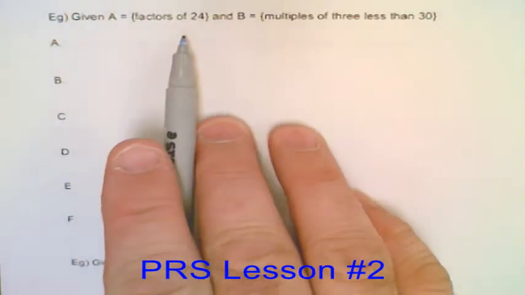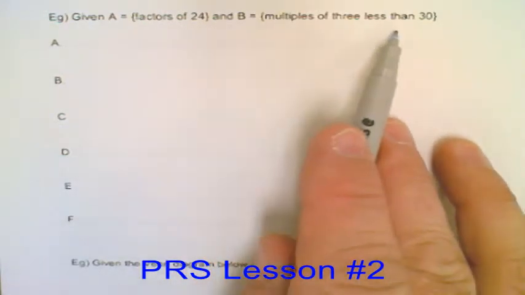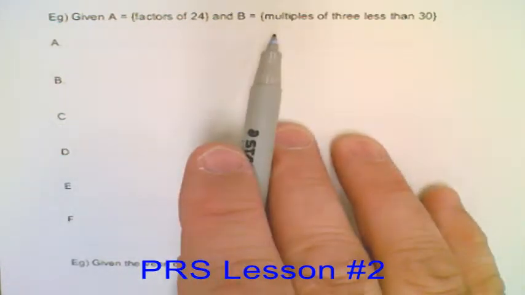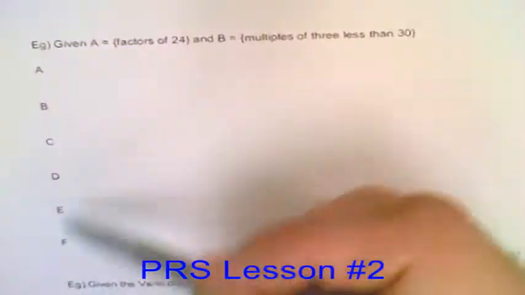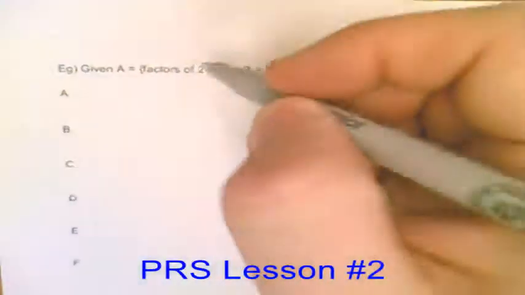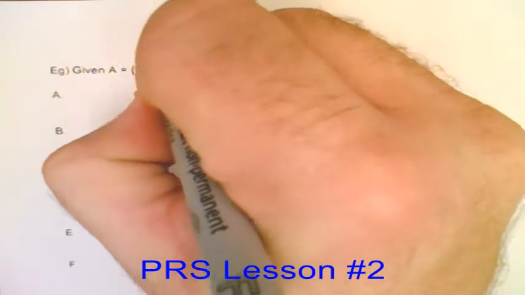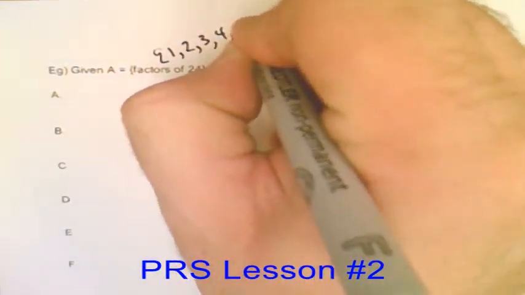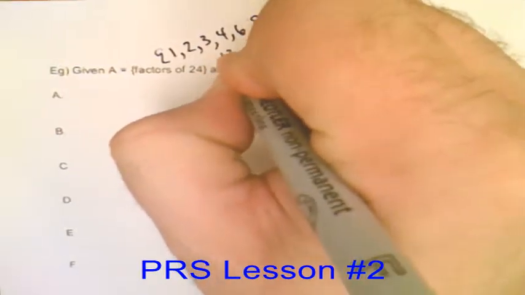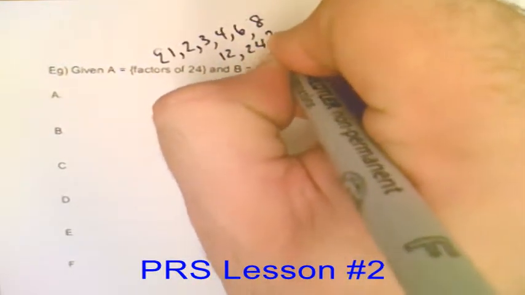So once you're going with different ideas and different sets, you've got all sorts of different things that happen. Once I look at this, I'm going to set A. Given set A is the factors of 24 and set B is the multiples of 3 less than 30. Now, you need to understand what those two sets are.